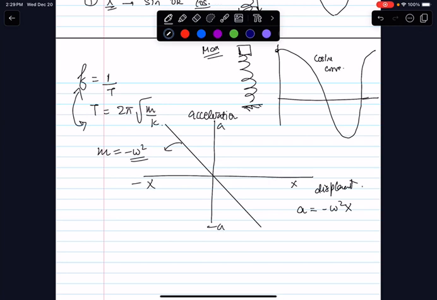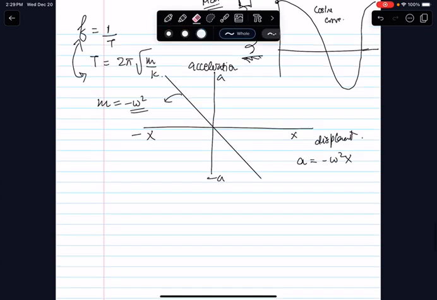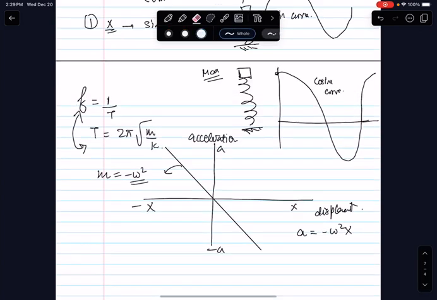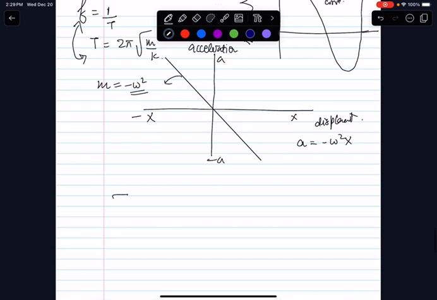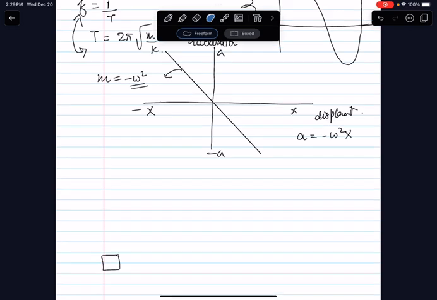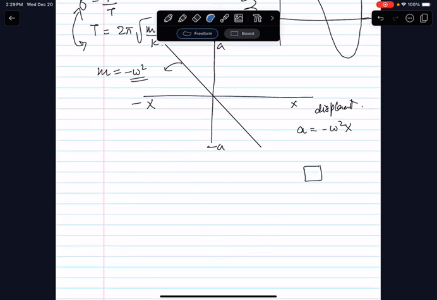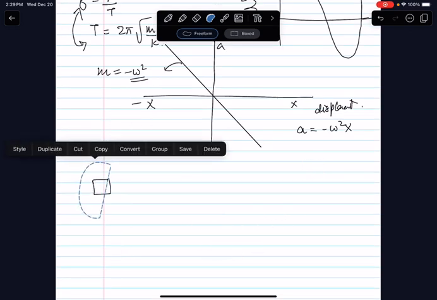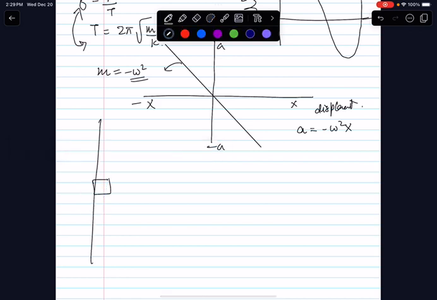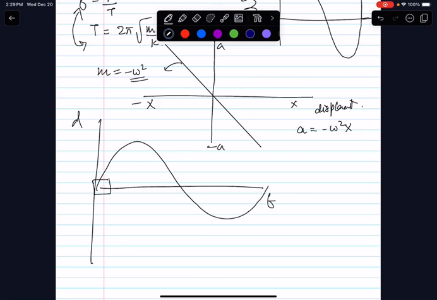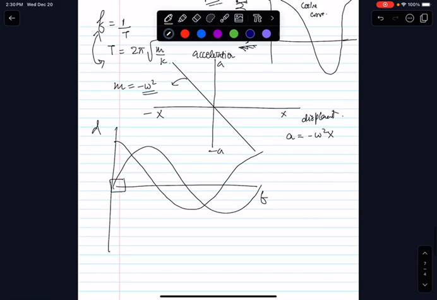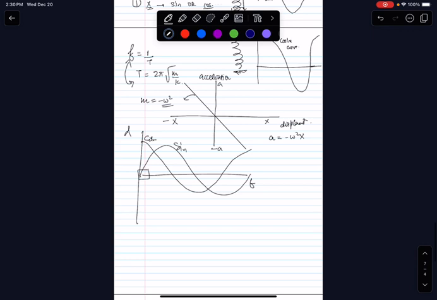And just remember that they're sine and cosine functions of time in a mass spring system as the mass goes up and down. If you add a time variable, you would get this sort of curved function. This would be your displacement, this would be your time, and you're getting a curved function depending on where you start. So this would be the sine, this would be cosine.